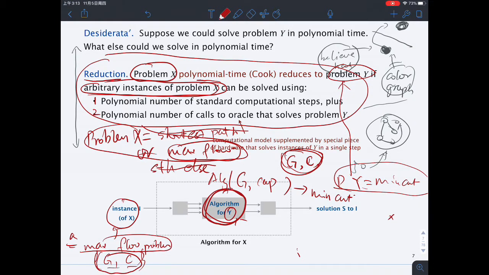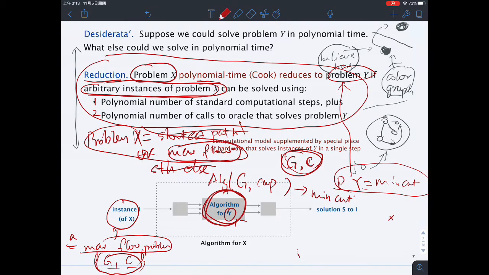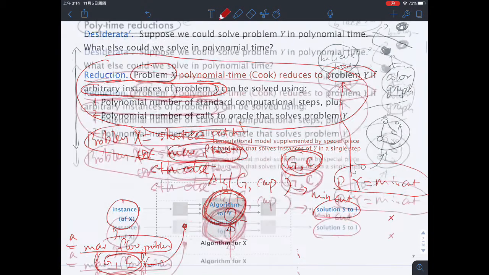If I'm able to tweak the input a little bit, so that it becomes an instance that can be solved by the algorithm of the black box, and then tweak the output a little bit, and after we tweak everything we are able to find the solution to the original problem X, then we say that problem X is Cook reducible to problem Y.